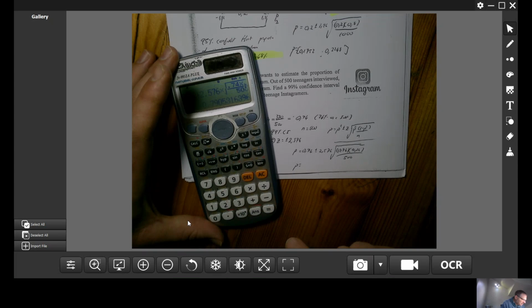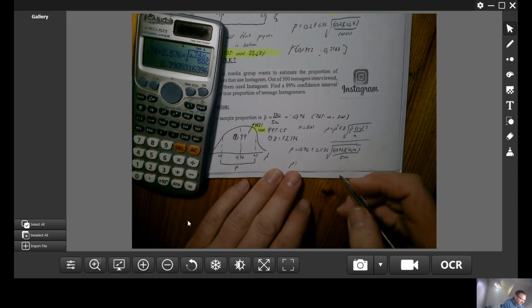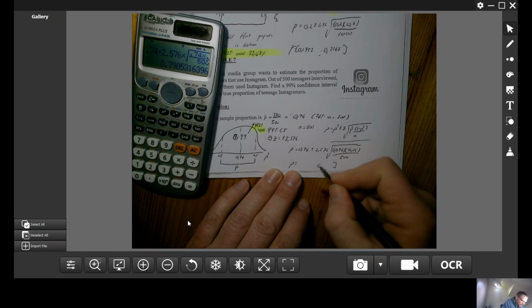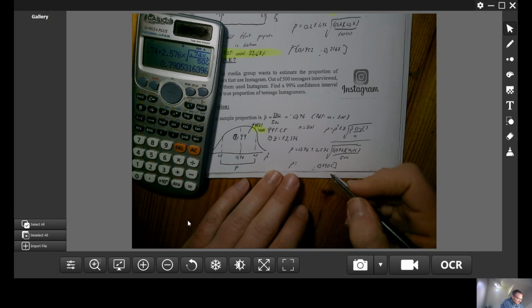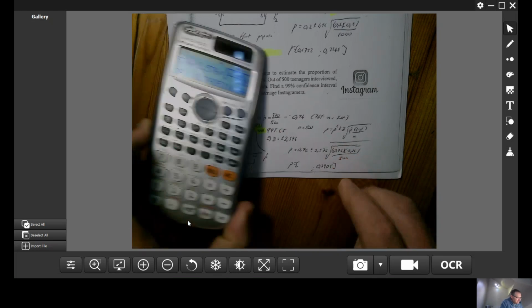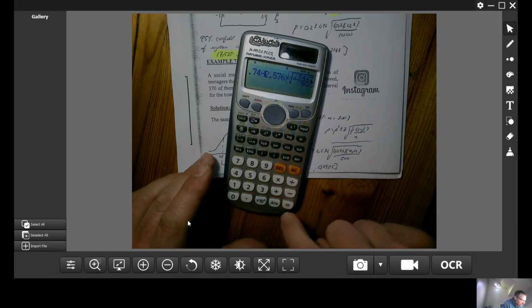I've made a careless mistake, so our upper boundary should be 0.7905, sorry, 0.7905. Okay, and the lower boundary, if I go back and change the plus to a negative, I end up with 0.6894.